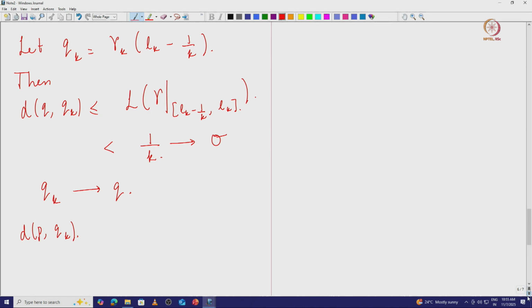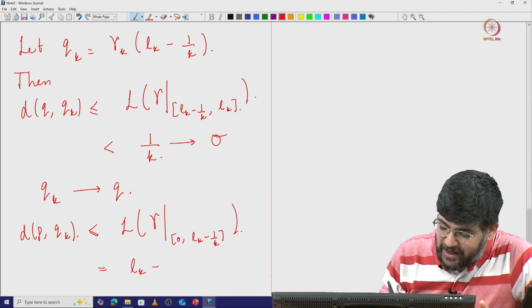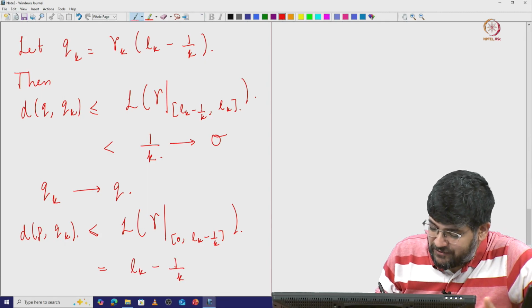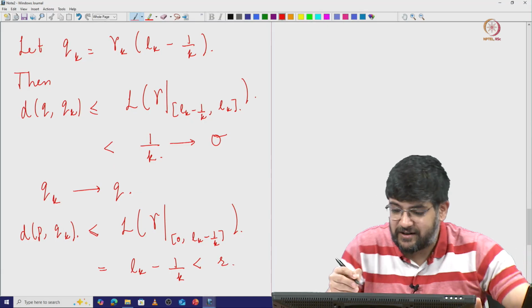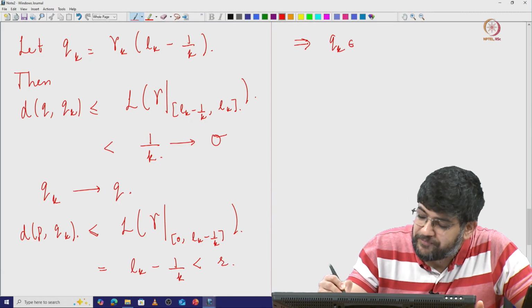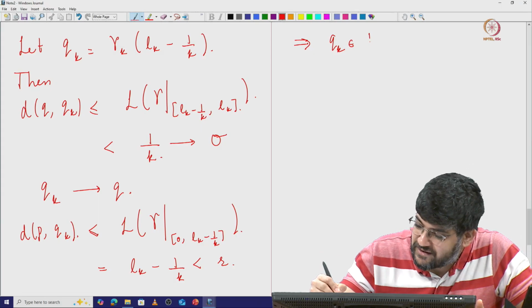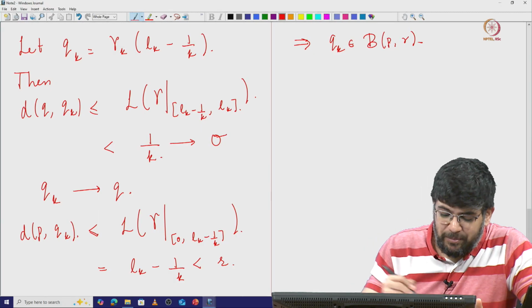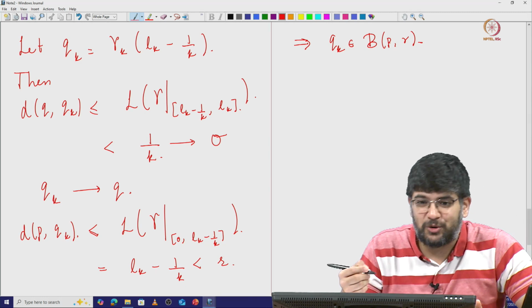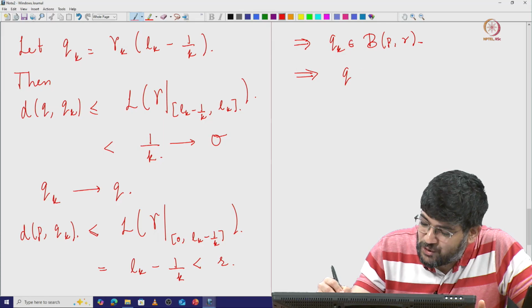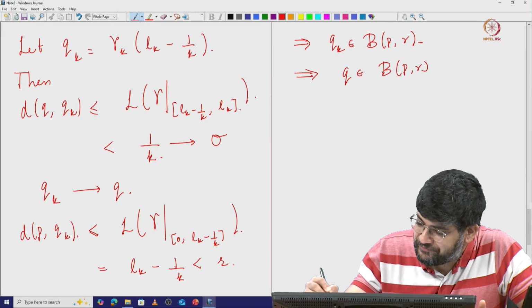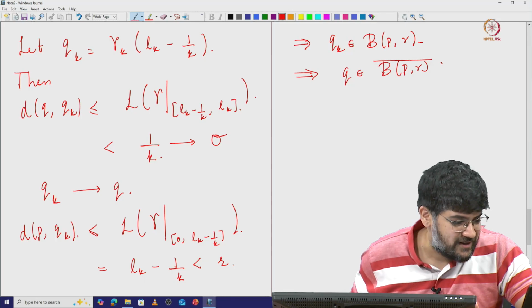So the distance from p to qk is less than or equal to the length of the part of gamma from 0 to Lk minus 1 by k, but this is a unit speed curve. So this length is precisely Lk minus 1 by k, but by our choice that's strictly less than R, which means that qk's are points contained in this. But they limit to the point q, which means that q has to be in the closure. Okay, so that completes the proof.